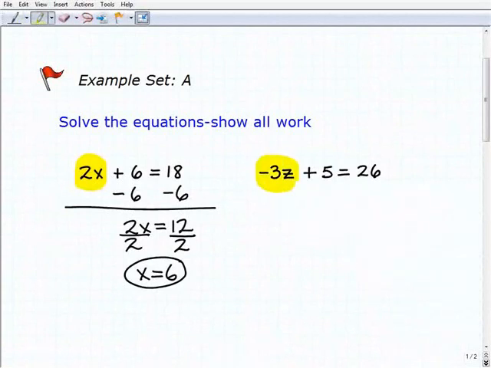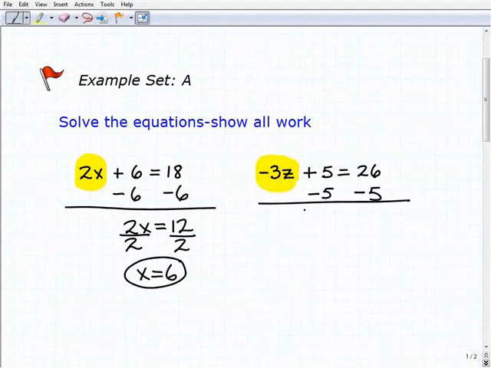Our variable term is negative 3z, so I'm going to subtract 5 from both sides of the equation, just like this. I'm going to add down, and I get negative 3z equals 26 plus negative 5, or 21.